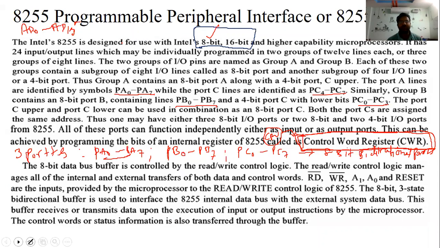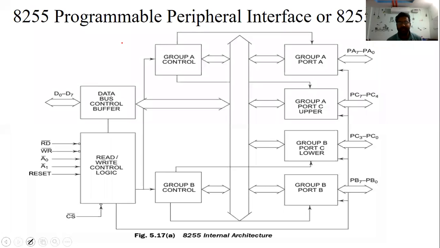Yes. Now coming to the internal architecture of the 8255. You must write this architecture also. You must draw this architecture in the examinations also. So the 8255 PPI, a programmable peripheral interface. This side, you can draw this side.